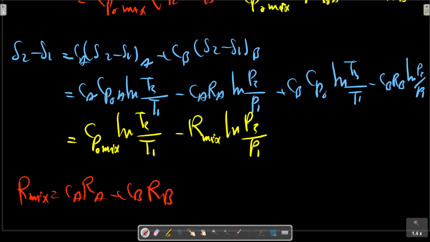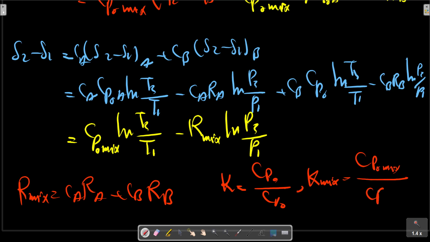This is similar to the previous equation provided before, where k equals Cp0 mix over Cv0 mix. We can also write this relation.